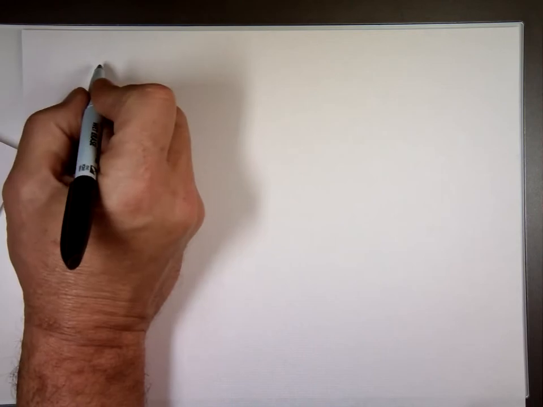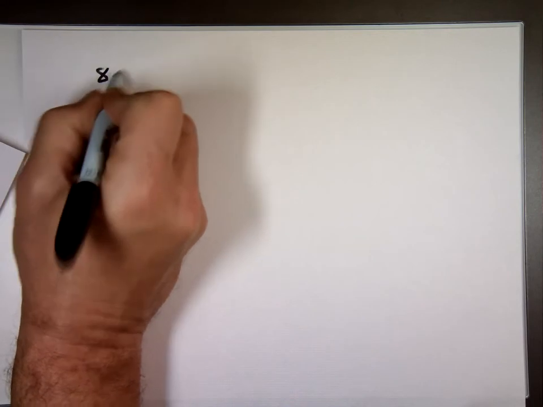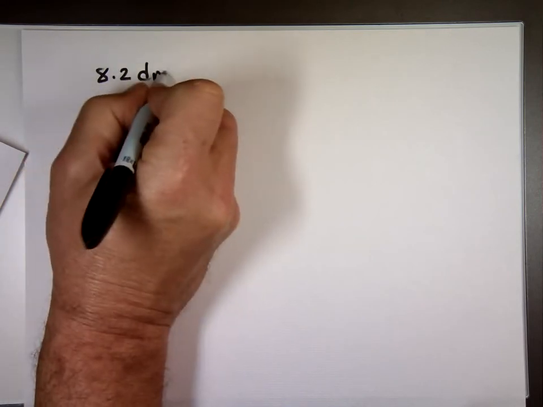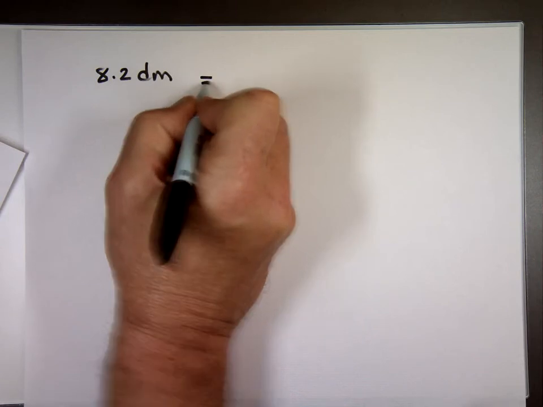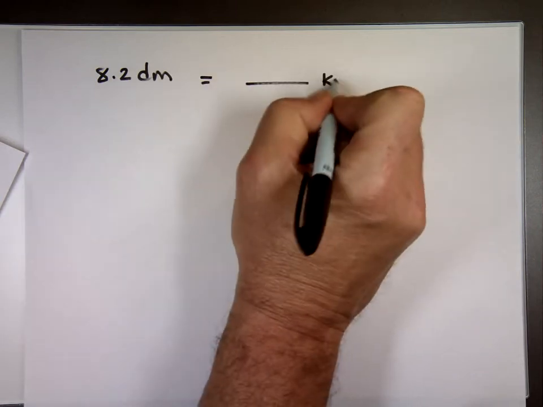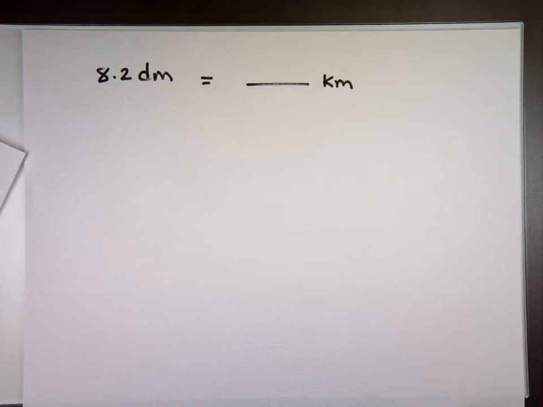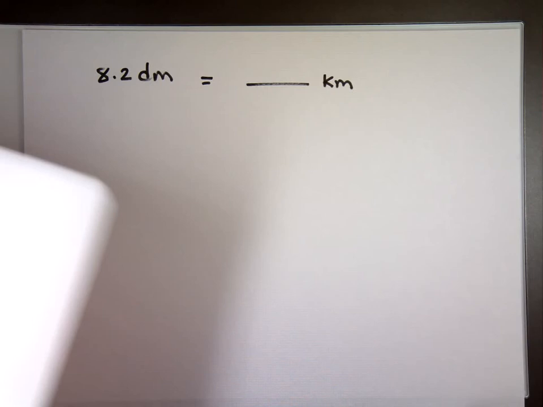Let me try another one. You try it. 8.2 dm, and I want you to change it to km. I'll put that unit here, that table.